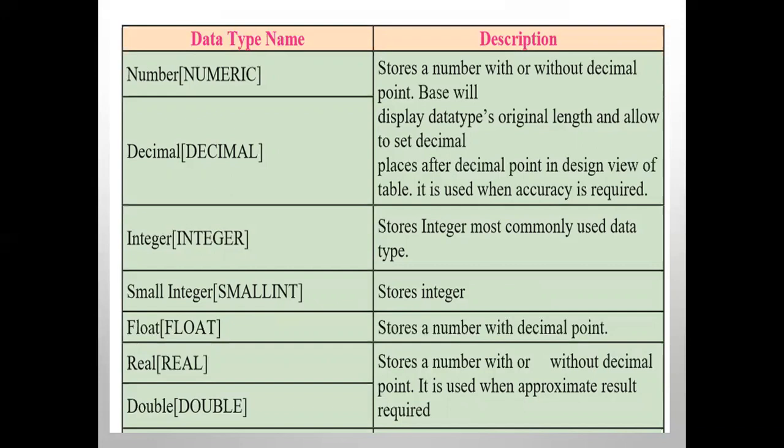Small int comes within a size of 2 raised to 16, that is up to 65,536. Int and big int data types come with size 2 raised to 32 and 2 raised to 64 respectively, and are used when you need extremely large integer numbers. So these were the 4 integer types: small int, tiny int, big int, and int.